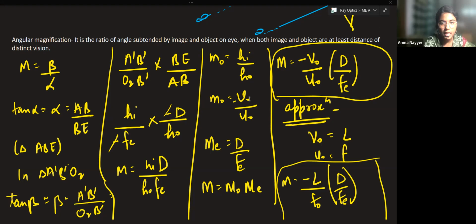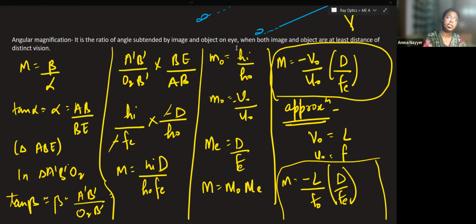All right. Yes, Hamza. So what was the magnification for the simple microscope in case of least distance of distinct vision? Two cases we had seen magnification as well. Okay, Hamza.